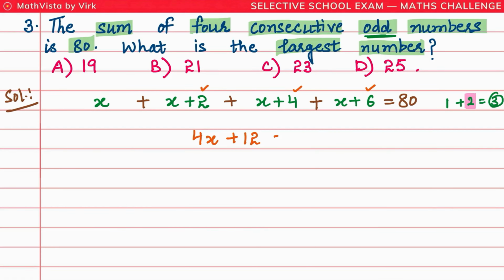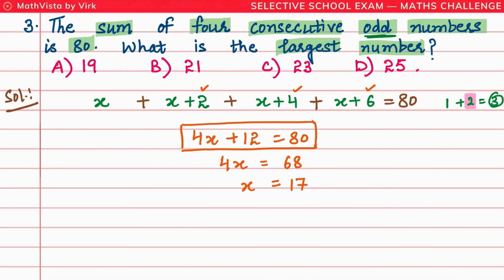That equals 80, which makes a simple equation. After solving this, what do we get? 4x is equal to 80 minus 12, that is 68, and when you divide both sides by 4, it becomes 17. So we get the value of x as 17.